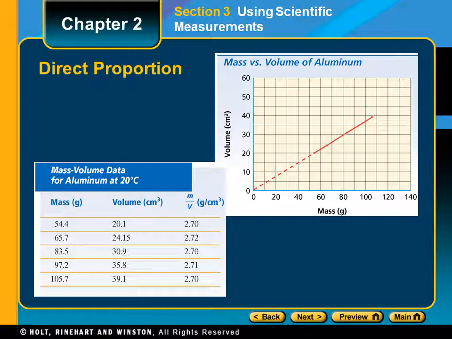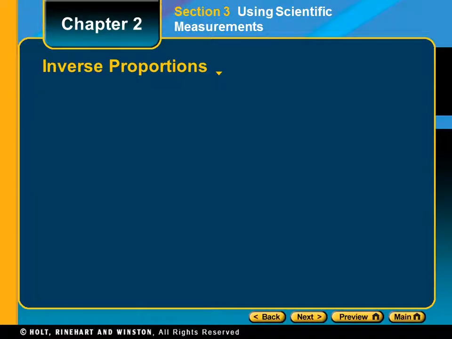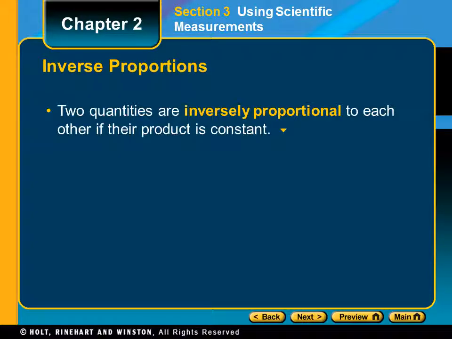So if you plot those masses and those volumes, notice you end up getting a straight upwardly sloped diagonal line. That is what you would expect to see in a direct proportion. In inverse proportions, two quantities are inversely proportional to each other if their product is constant.